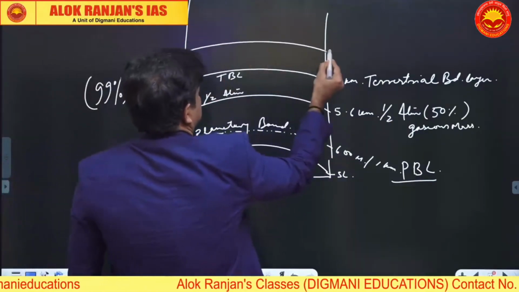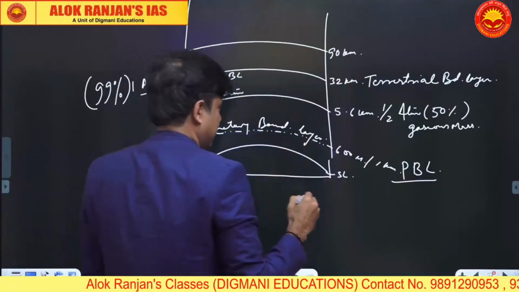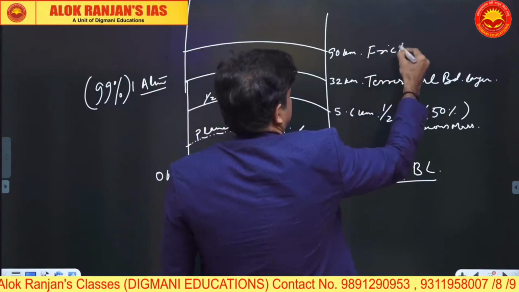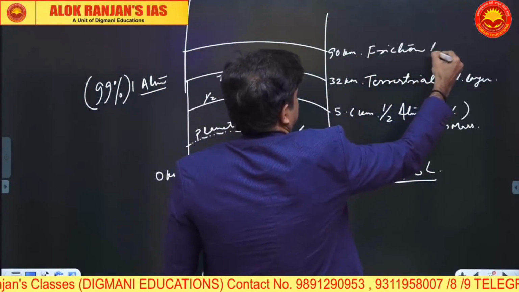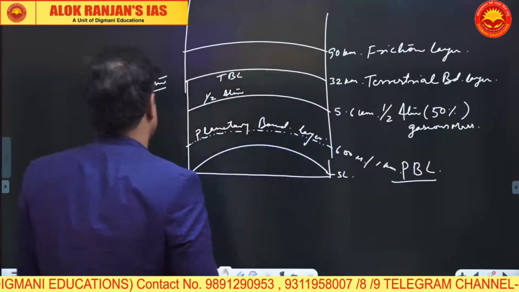Then you have this 90 kilometers line. This is called the friction layer. Why is it called the friction layer?